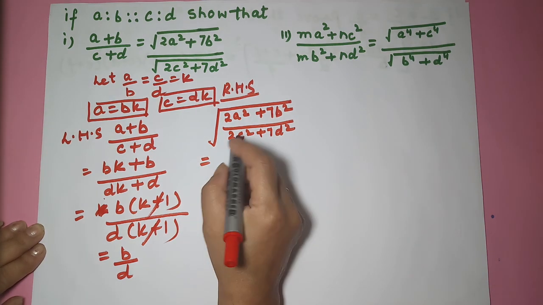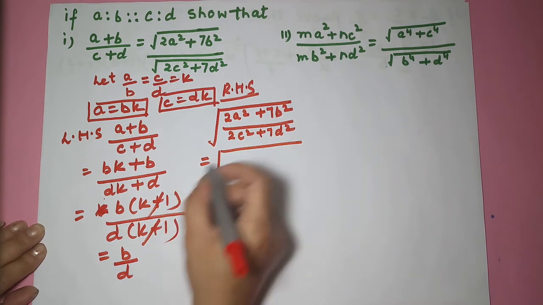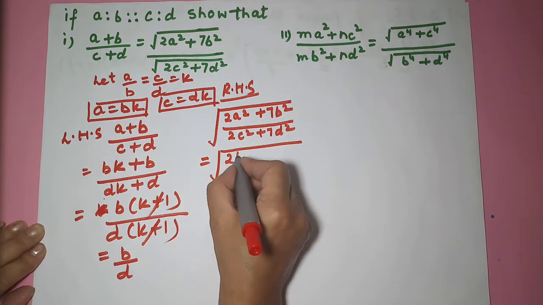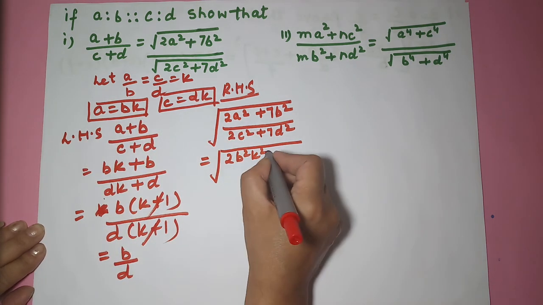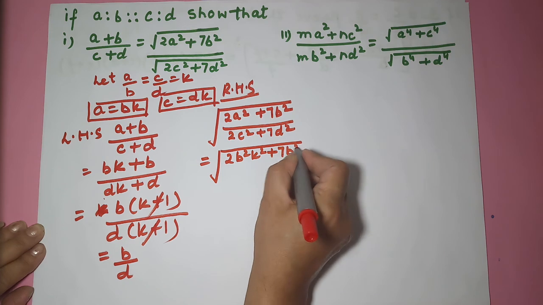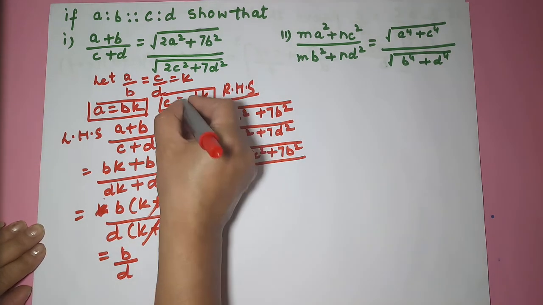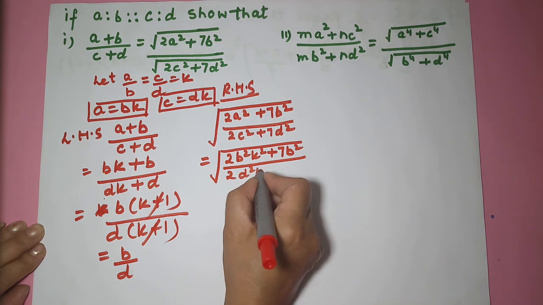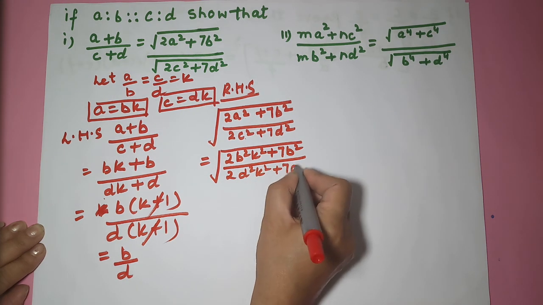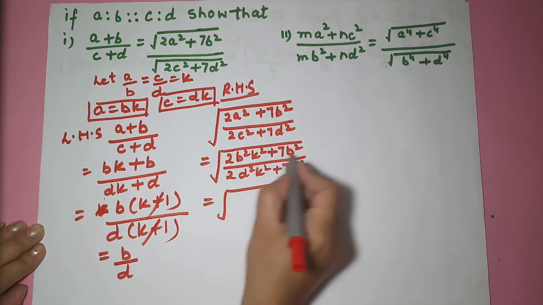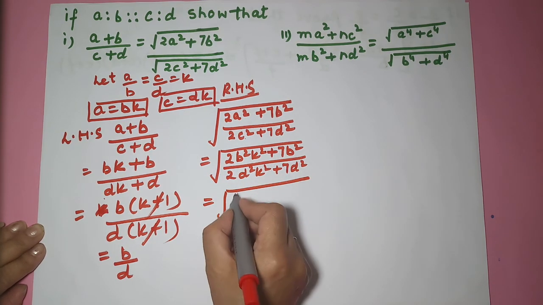So finally what will you get? You have to replace only a square here. So what is that? B square k square. You don't have to touch b square term. Divided by, you will change c as d square k square, but you will not touch this d square. So further, let's see what we can take common, b square. Yes.